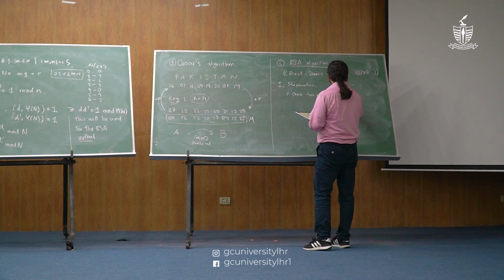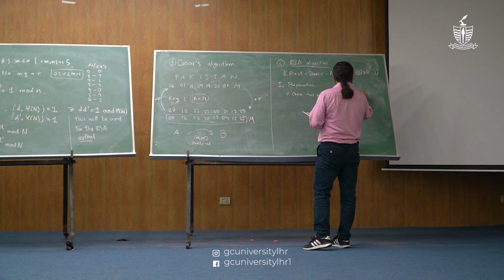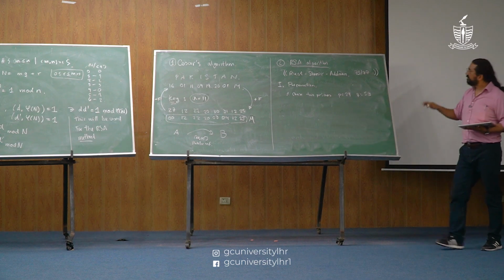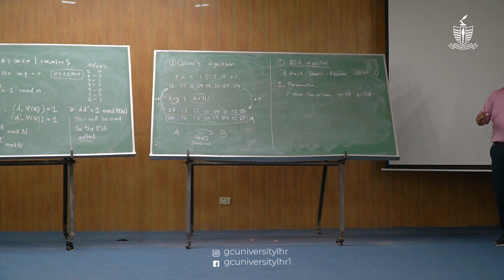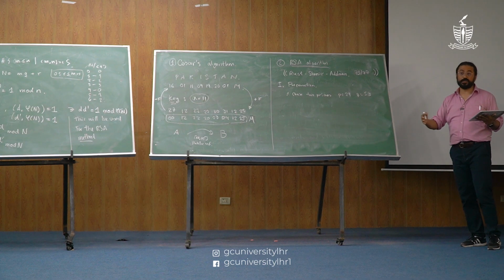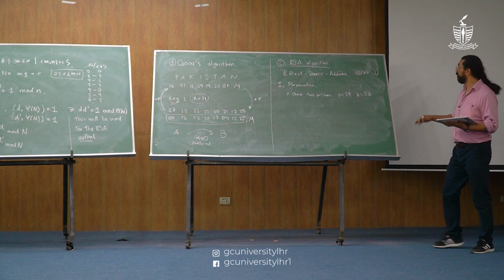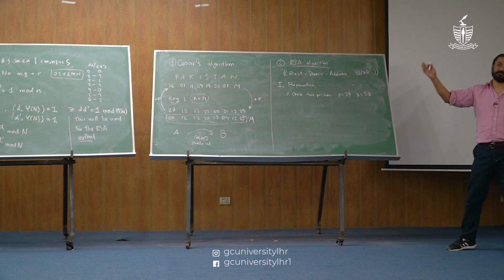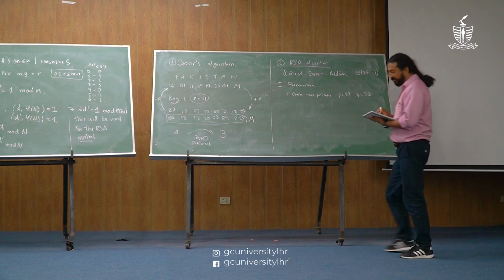Let's say P equals 29 and Q equals 53. For this method, usually they use large primes because this method relies on the factorization of numbers, okay? These are big, but not as big, no?